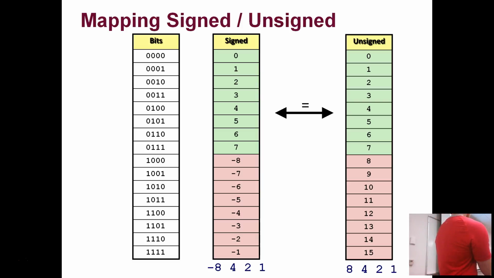As soon as the most significant bit is set, instead of making this -8, you're basically adding 16 to each of these numbers to get the top end. So this is visually what you're doing to your number range when you're casting from signed to unsigned, and vice versa. You're adding or subtracting twice the most significant bit value.